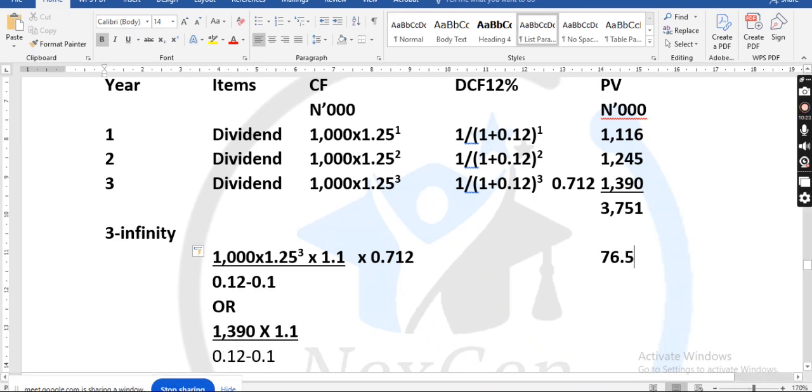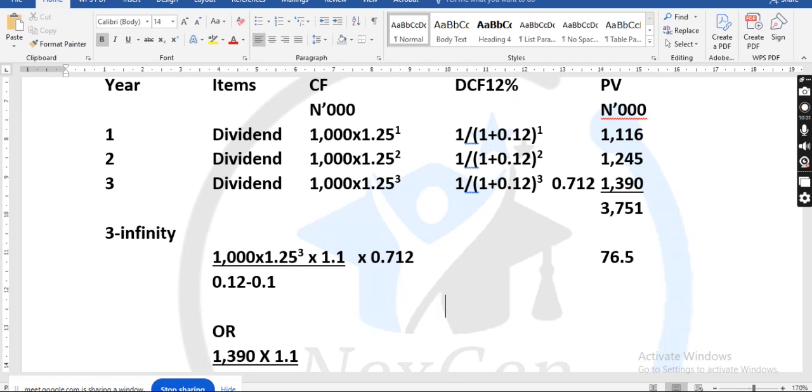So whichever method you feel like picking, you are good to go. So what is the current value? If you add the two together, what do you have? Current value, or you say market value, because it's in value, not in price.